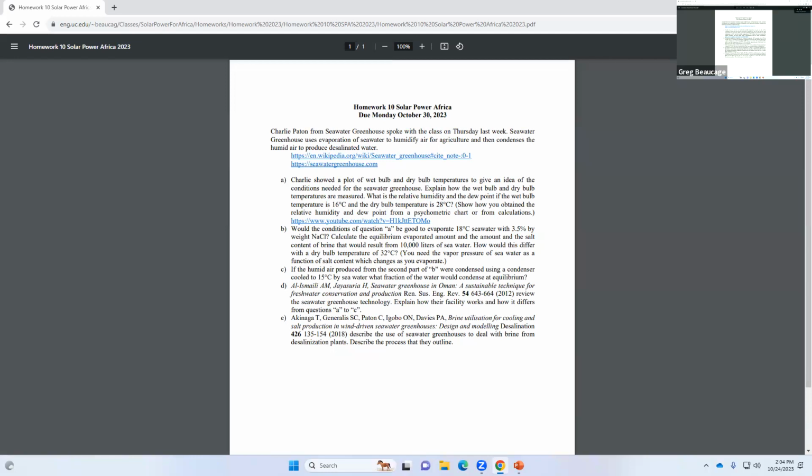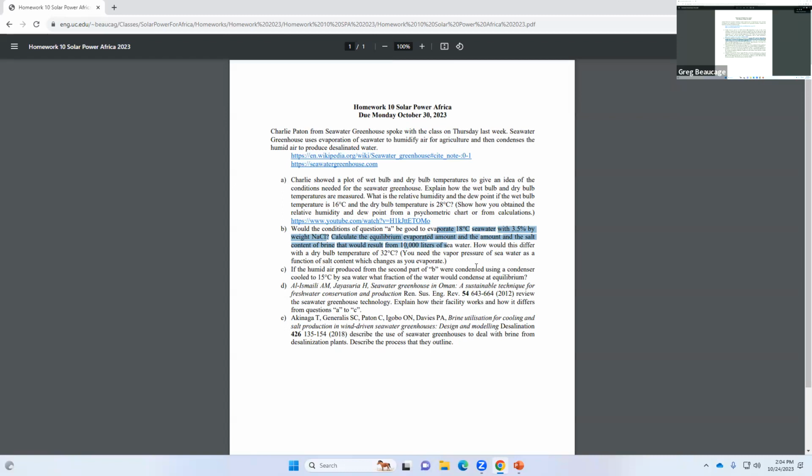And then this other one, let's see. So evaporating seawater, though, you need to, let's see. Evaporating regular water is one thing, and condensing pure water works with the psychrometric chart.